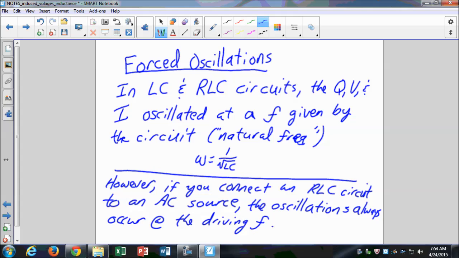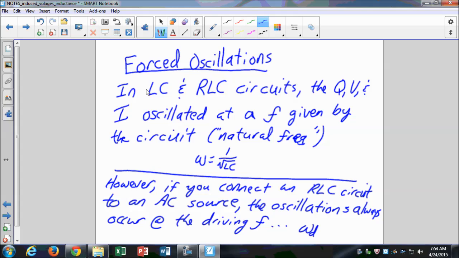And the driving frequency, remember, that's that omega D, which is set by the rate at which that coil of wire rotates. Right, so you have this natural frequency, omega equals 1 over root LC, but whenever you hook up this circuit, you get this driving frequency.